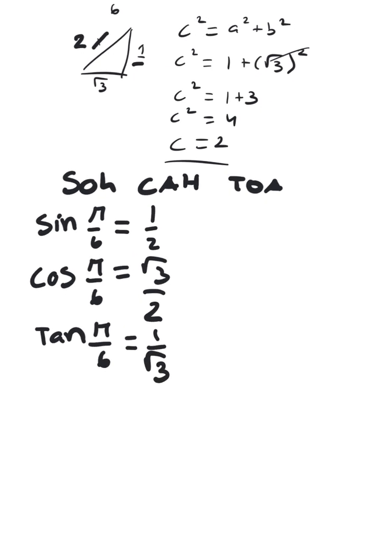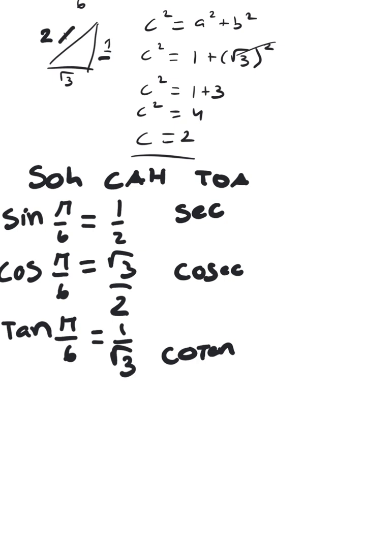Now that we have these, we have to find the secant, cosecant, and cotangent. We know that these equations are the opposite of what they are here.